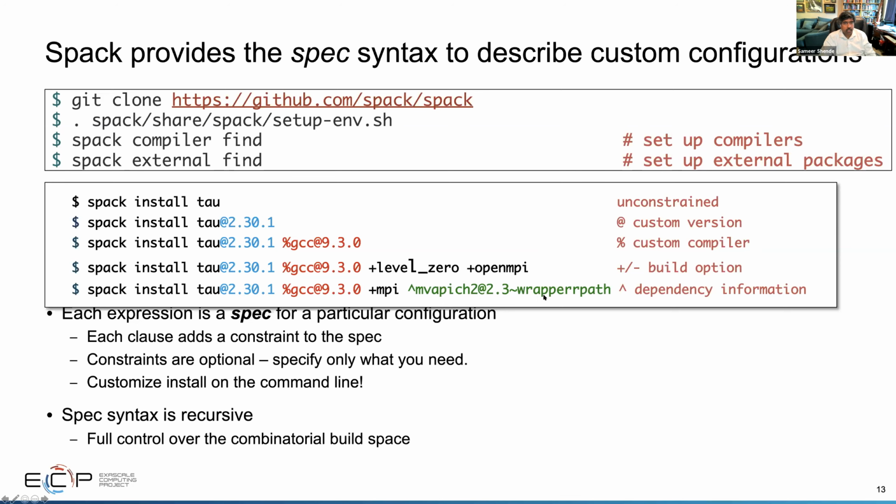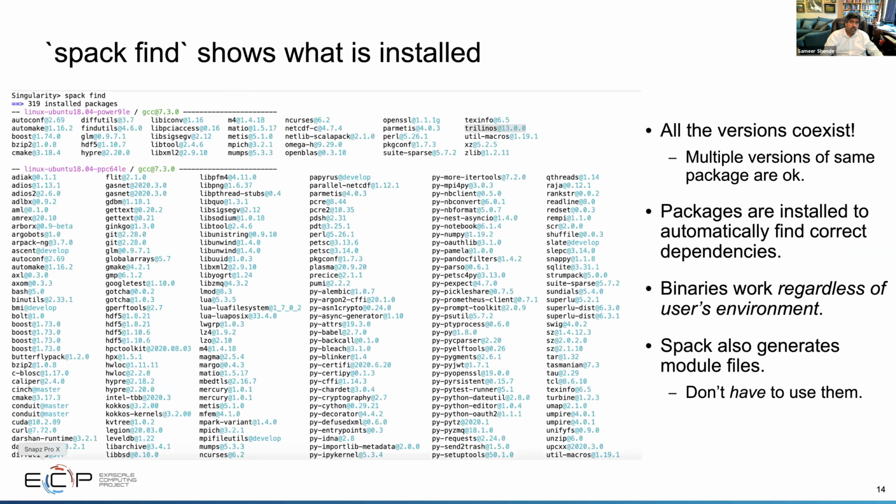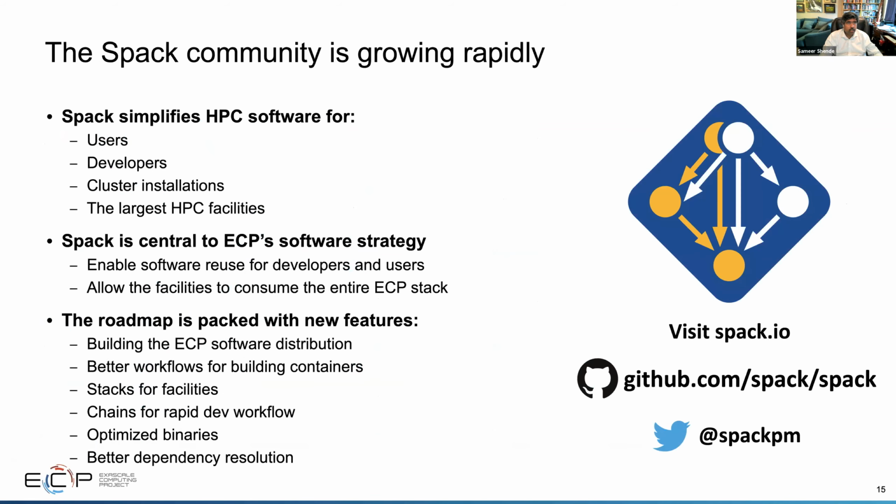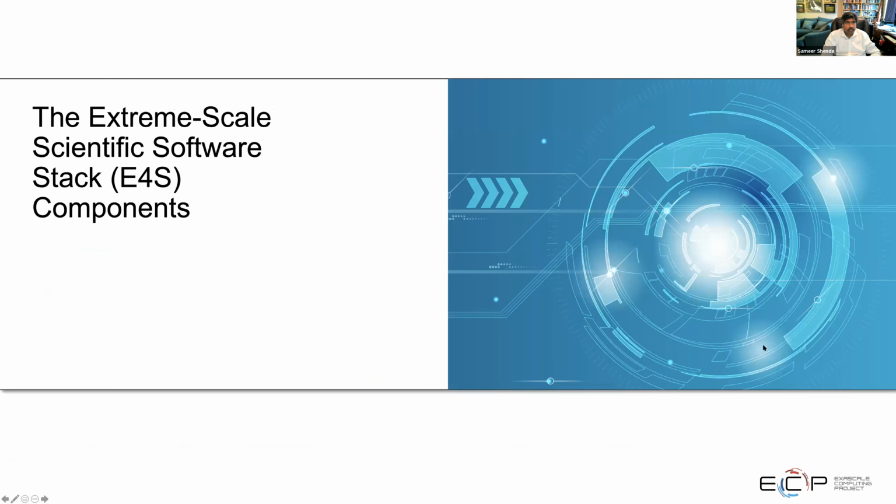Like here, I'm saying don't use the wrapper RPATH argument. Once it's installed, you can say spack find, and then you can see all the packages. And multiple versions can coexist. You can just say spack load with a double dash first to specify a given package. And you can learn more about Spack from the spack.io webpage.